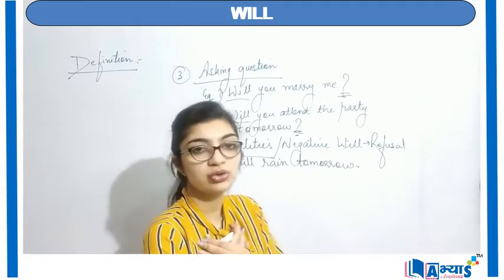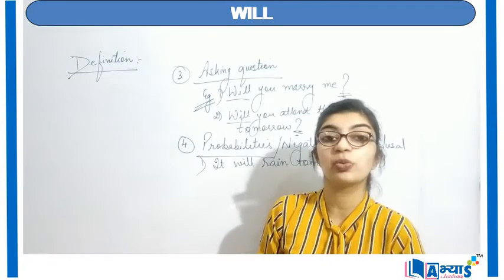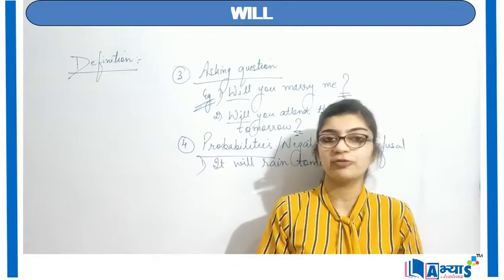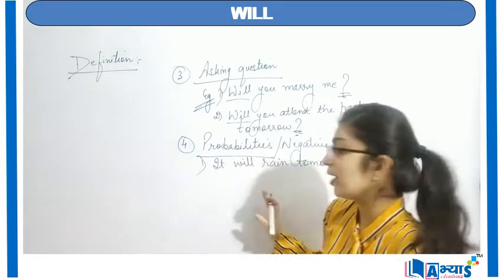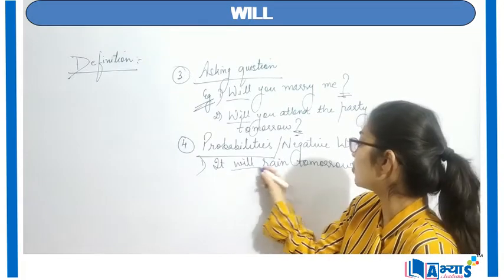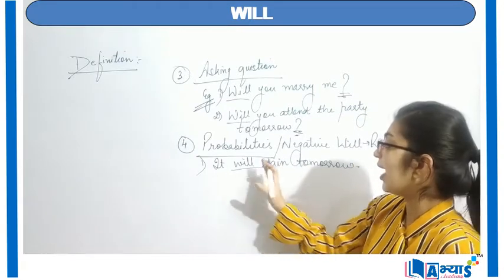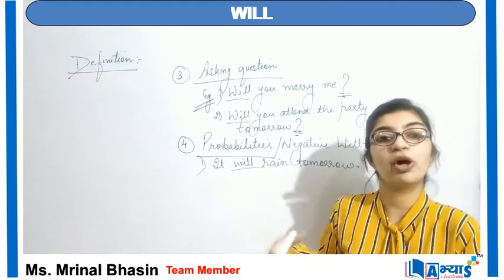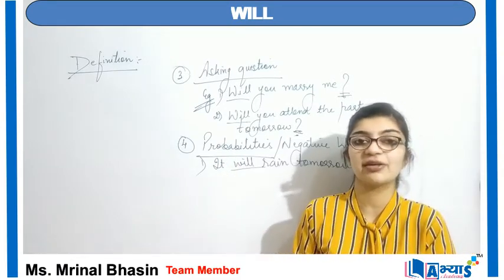Now I am not God, that if I say it will rain tomorrow, it is definitely going to rain. It is all about the forecast, right? So I am predicting that it might rain tomorrow, so I say it will rain tomorrow. Again, there is some kind of probability that it will rain, but the probability can also arise when it does not rain.